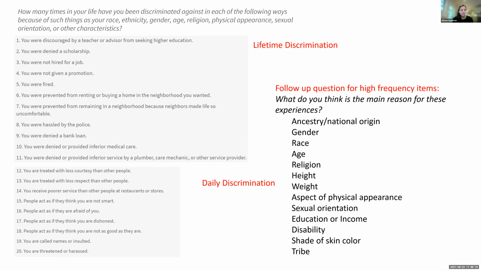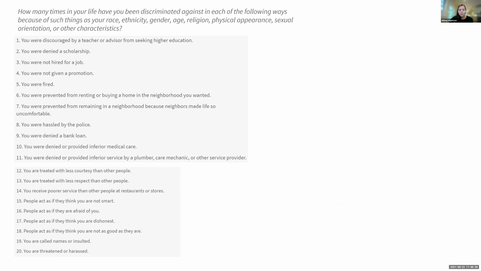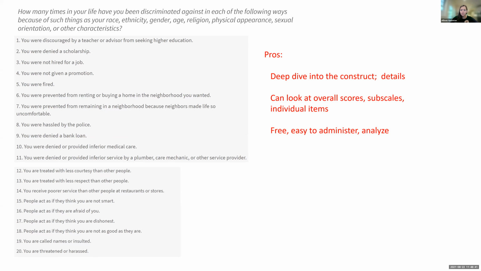So not only does the scale get at both lifetime and daily discrimination, as is enumerated here, the top 11 items are the lifetime questions, the bottom set of items are the daily discrimination items. You can enumerate discrimination experiences by different reasons, different groups. So you can see that this scale is an example of a deep dive into the construct.